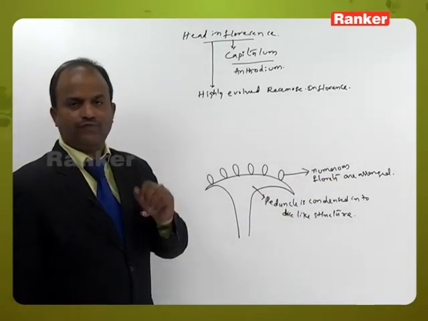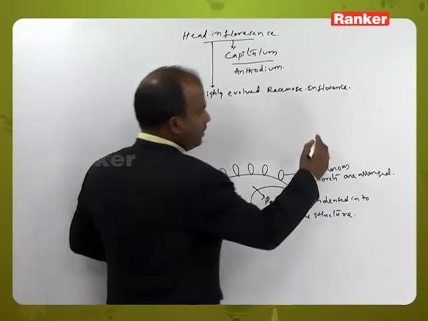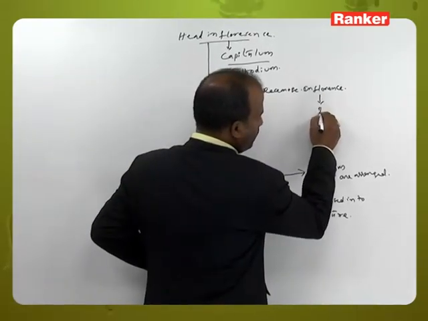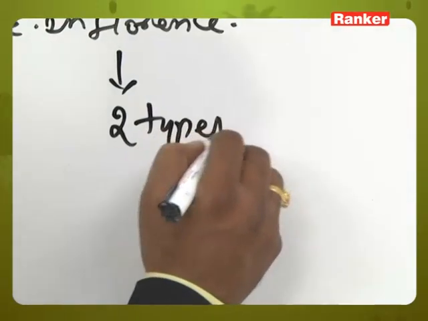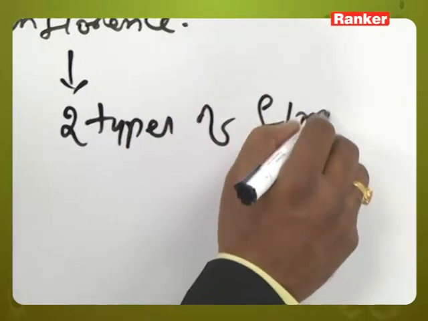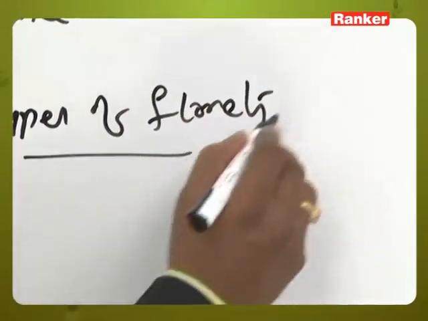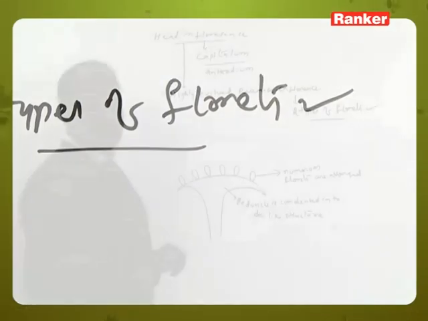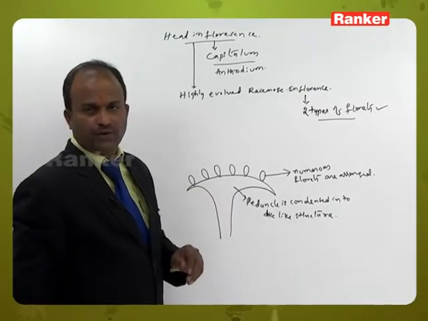How many types of florets are present in this head inflorescence? Two types of florets are present. What are the 2 types of florets?